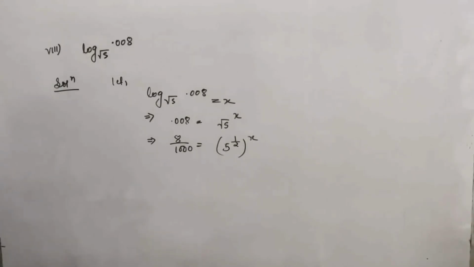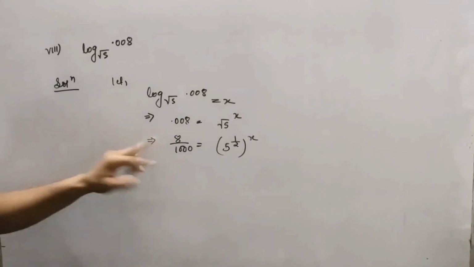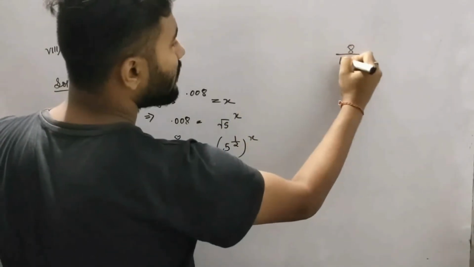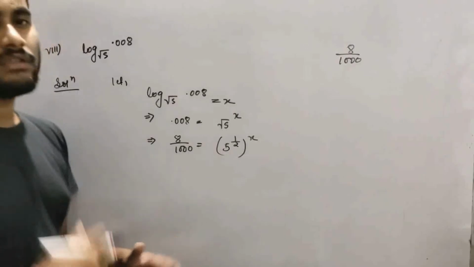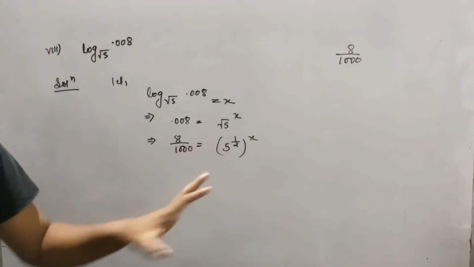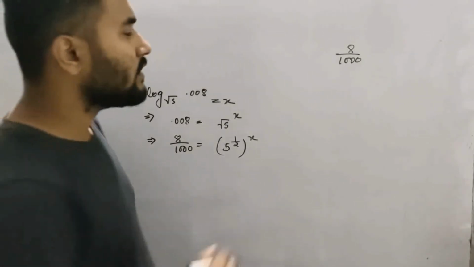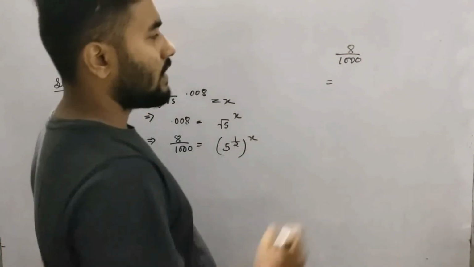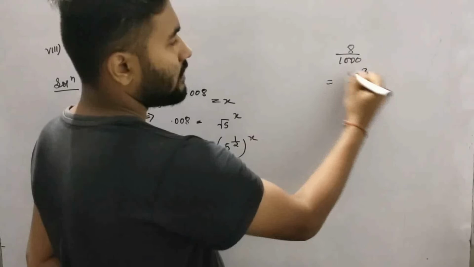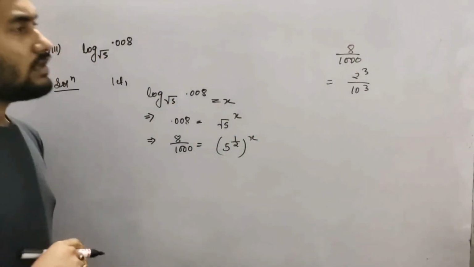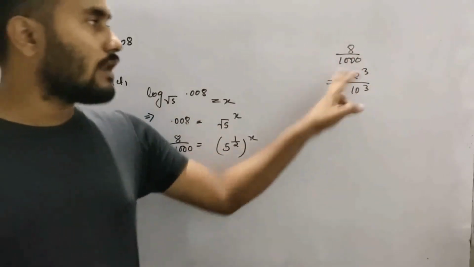Got? So how we will break this one? Shall I write like that? 8 by 1000. So you see, try yourself in your rough notebook. See how you can break, how you can match them. I will show you. Say for example, I don't know. So how shall I try? 8 I can write as 2 cube. 1000 I can write as 10 cube.